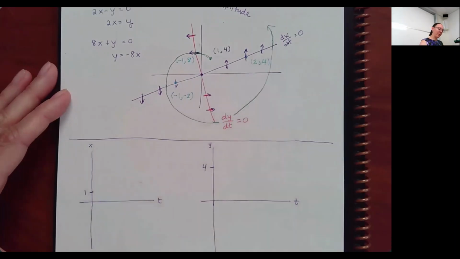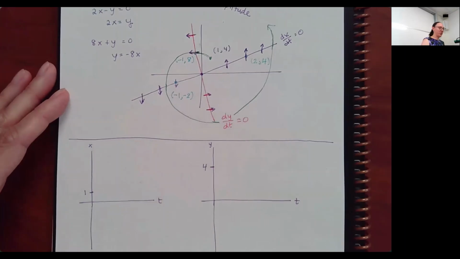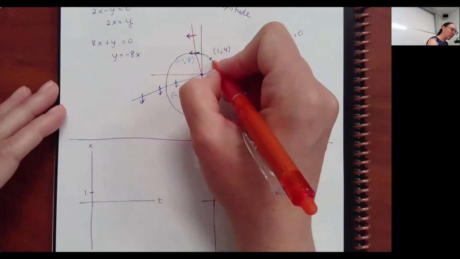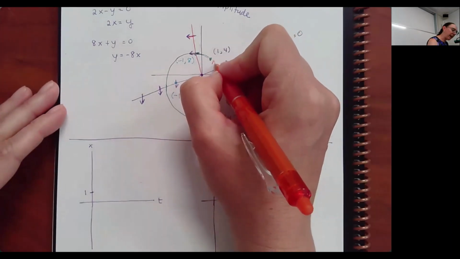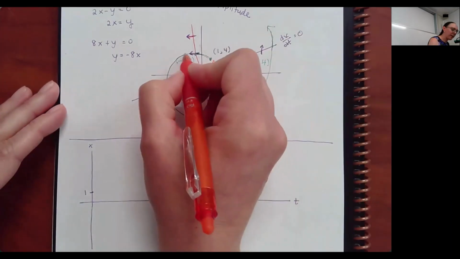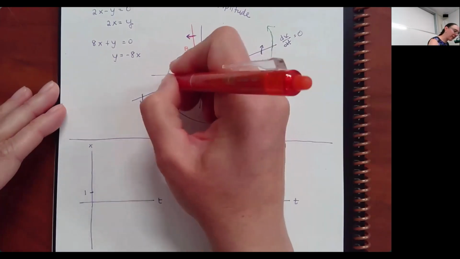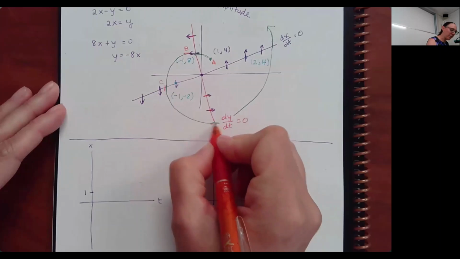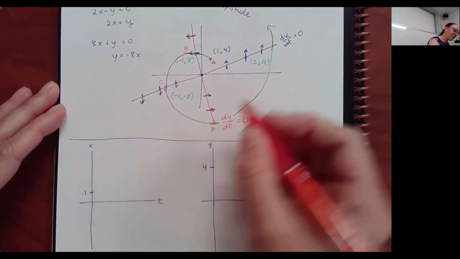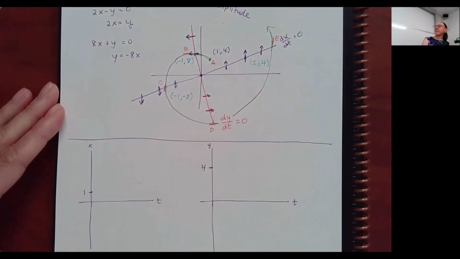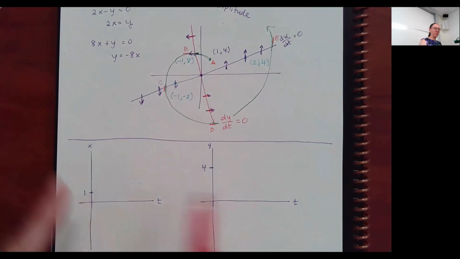So in terms of what's happening on the graph, I'm going to just label some points here. So I'm going to label this point A. I'm going to label the top of my graph up here B. I'm going to label the side over here C, the bottom down here D, and the side over here as E. Just to give a sense of what's happening at X and Y for each of those points.